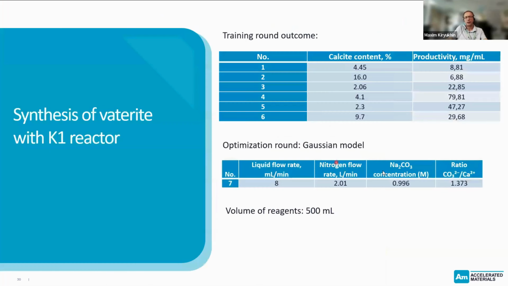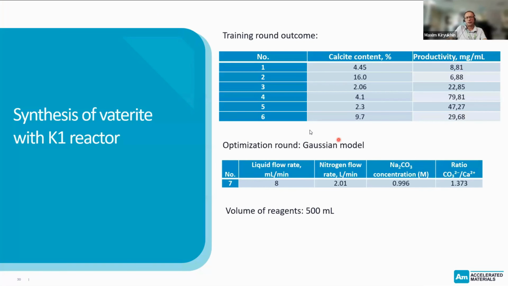Then we also calculated the productivity of each reaction. The data you can see here. The productivity depends largely on the concentration of chemicals used and on the liquid flow rates.